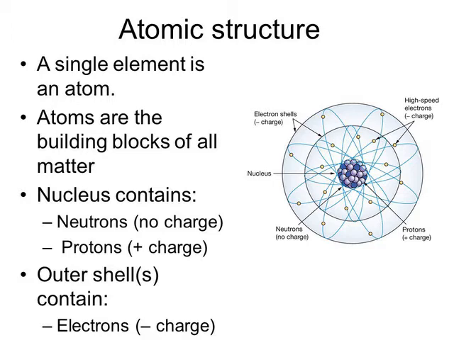In your nucleus, you contain your neutrons and protons. Your neutrons don't have any charge. They're neutral in charge, but they do add weight to the atom. And your protons have a positive charge, and generally speaking, you will have the same number of protons as electrons in an atom.